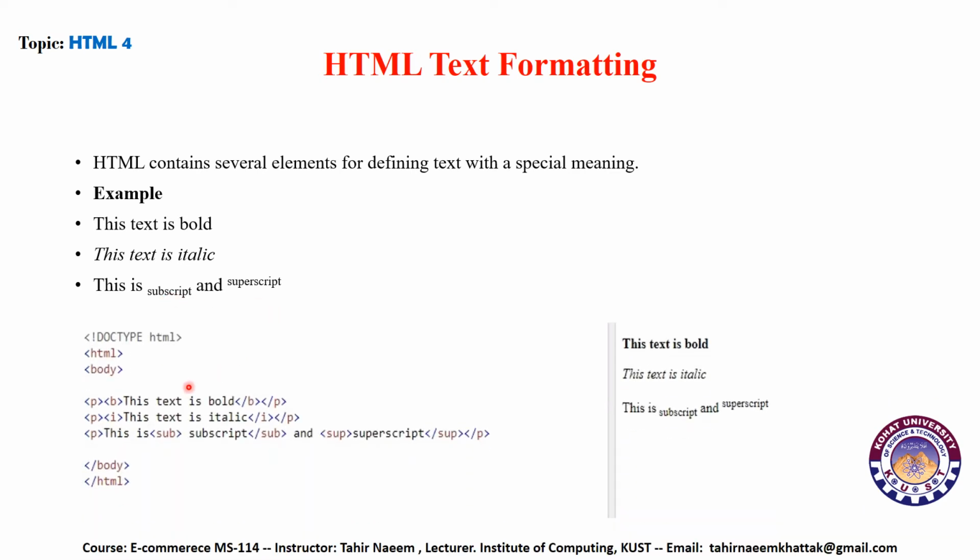Here is the example. This text is bold. I have turned this text into bold. As you can see from here, the tags, this text is bold. Here this text is converted into bold, while this text is italic and I use I. So here you can see that this text is italic, while look at this text, I have converted into subscript here, and I have closed the subscript tag.